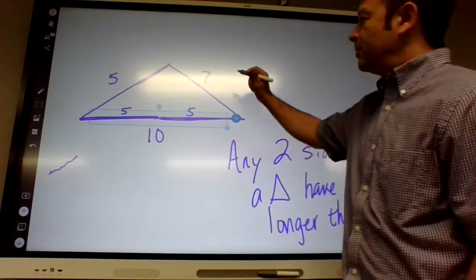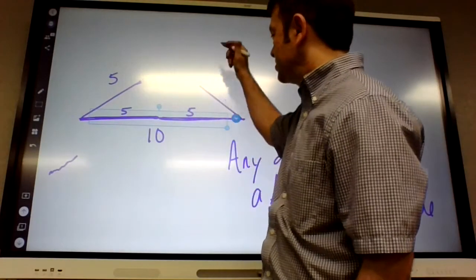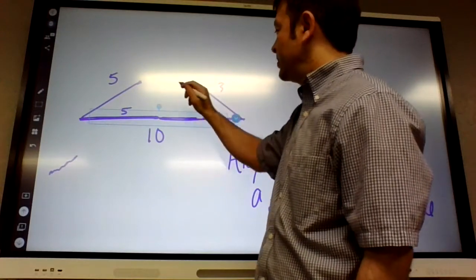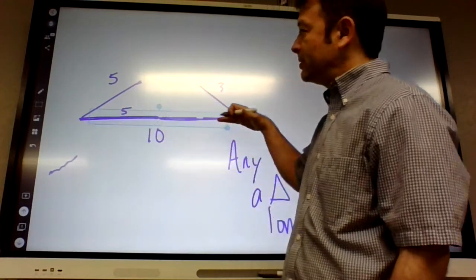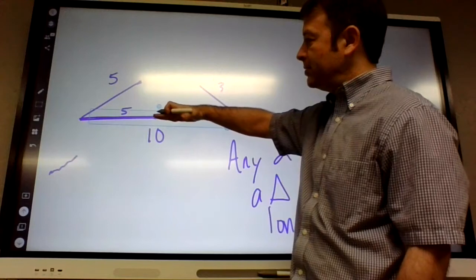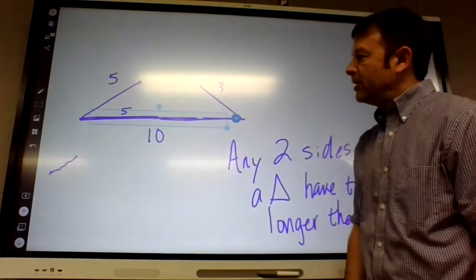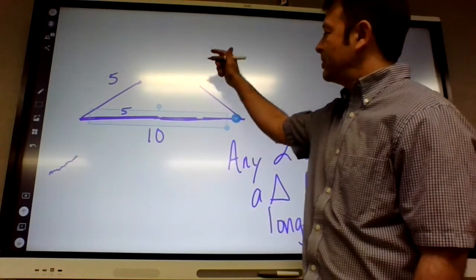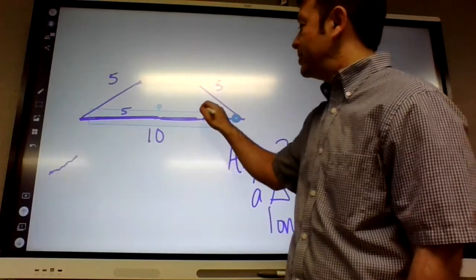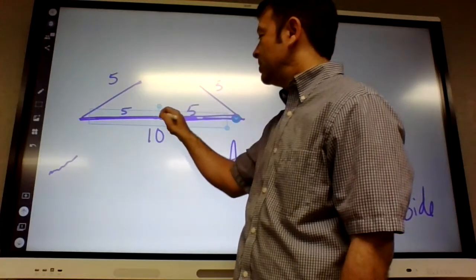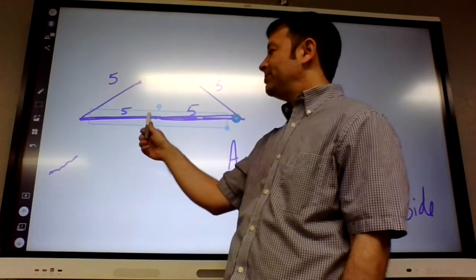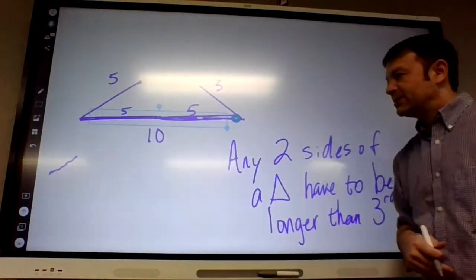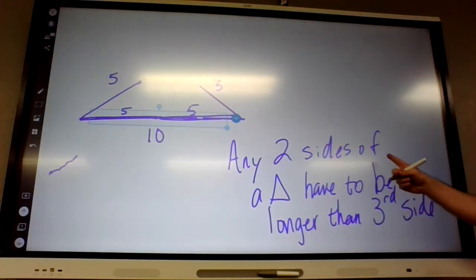If they're not longer, they won't reach. Like 3 and 5 would not reach across a gap of 10, even if you made them go straight towards each other. If they're the same length, you could reach across, but it'd just be a straight line. That's not a triangle, so it fails. So any two sides of a triangle have to be longer than the third side together.